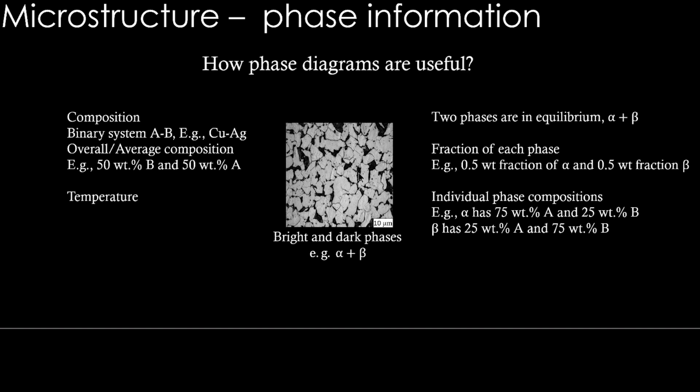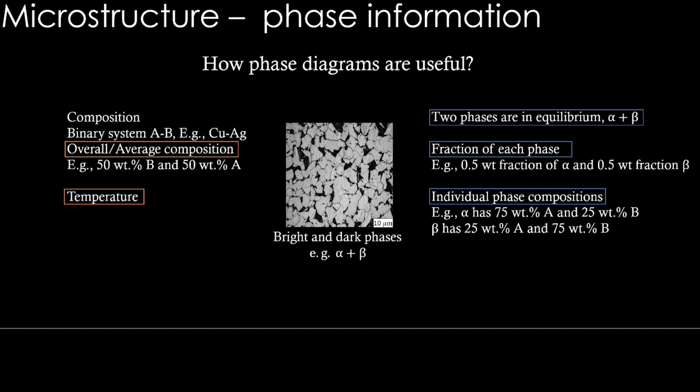But how phase diagram is useful in all this? Phase diagram is useful when we have this overall composition in our hand and the temperature. If we have these two, then what we can read from the phase diagram is how many phases and what are those phases and what is the fraction of those phases and the individual compositions of those phases.